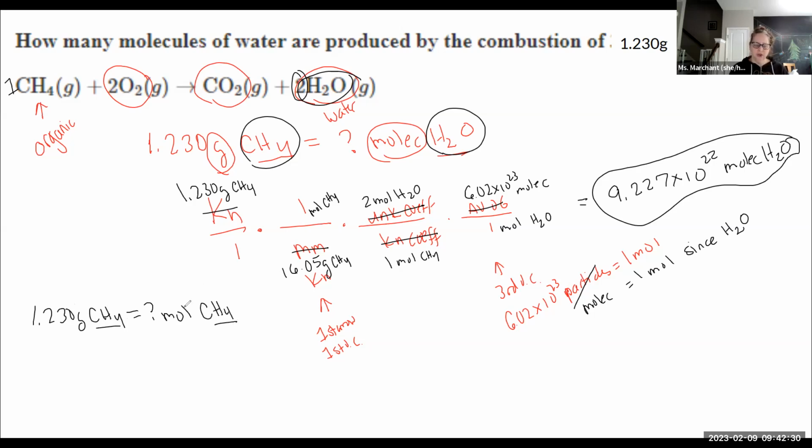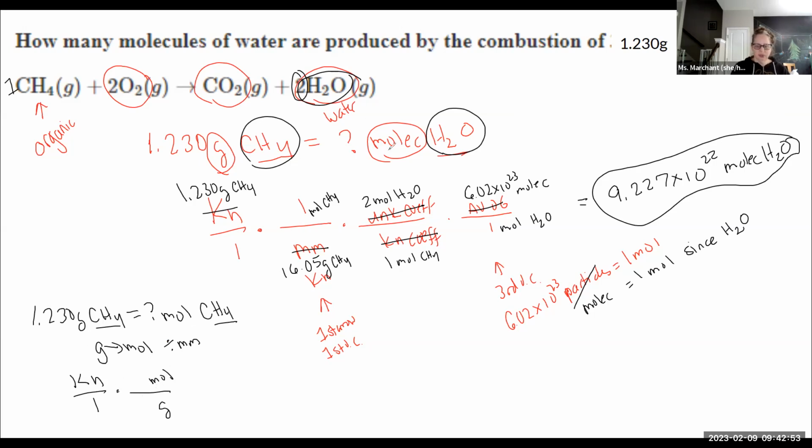So no mole ratio. We are just going from grams of something to moles of something. That is just one arrow, one unit conversion. Want to go from grams to moles, it's divide by molar mass. So it's known over 1, and then we're going from grams to moles.